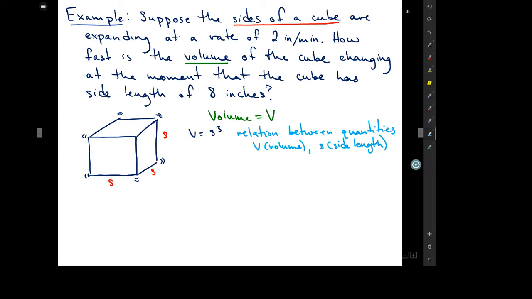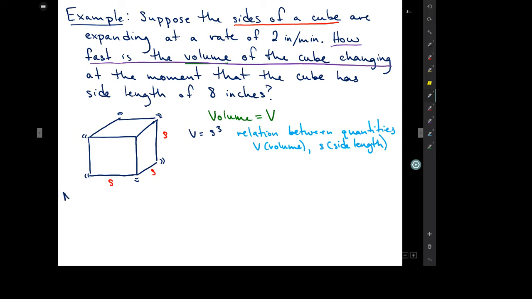Okay, so what the problem is telling us is to find how fast the volume changes. So we're asked to find how fast the volume is changing. So because volume is changing, we know that it is a function of time. This cube is getting bigger over time.